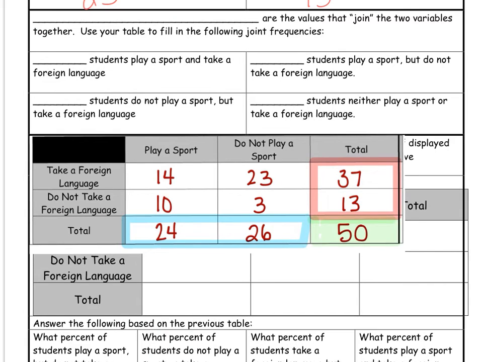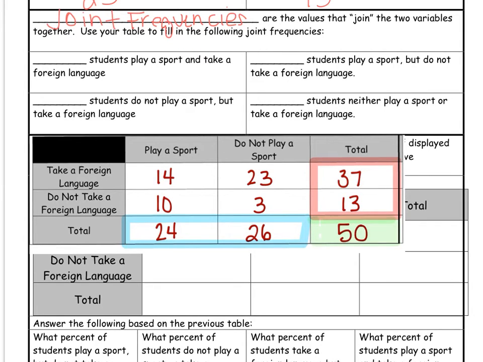Okay, we also have something called joint frequencies. And they are the values that join the two variables together. And we're going to use the table to fill out the joint frequencies. So joint frequencies are usually joined by an and.